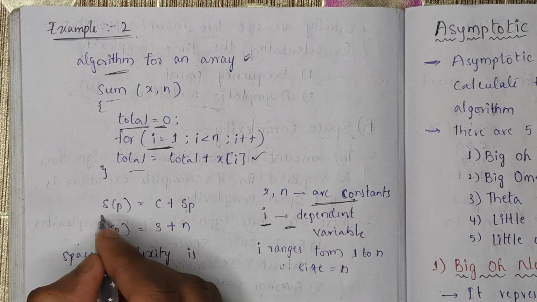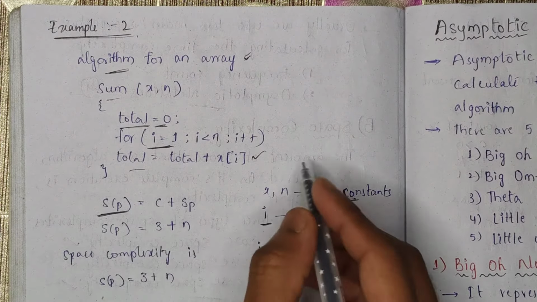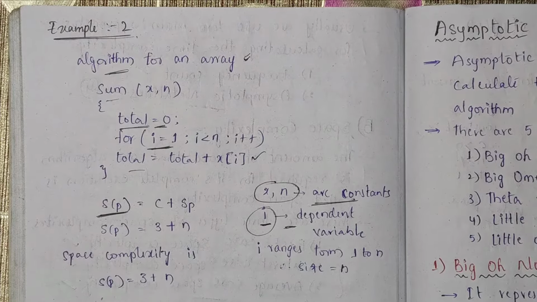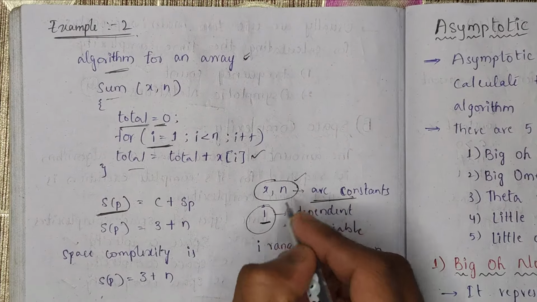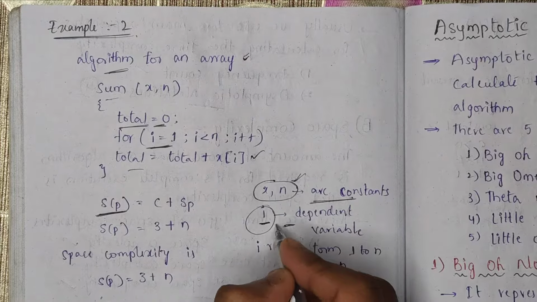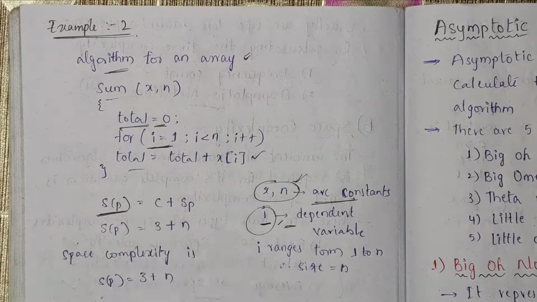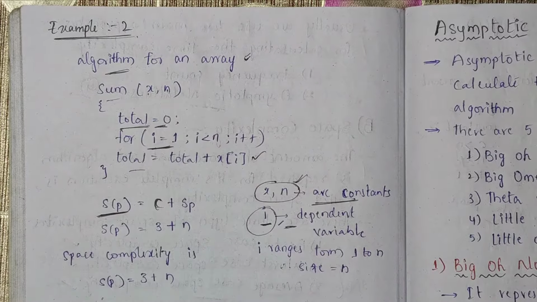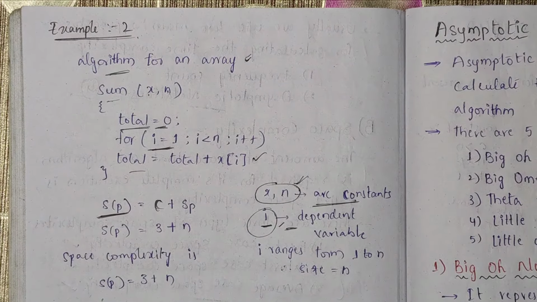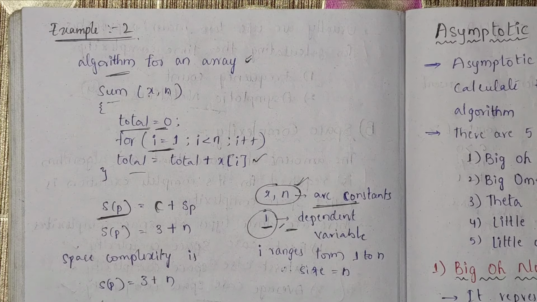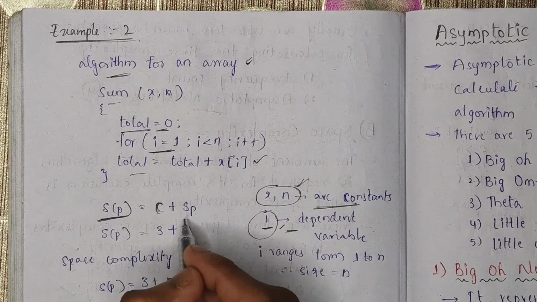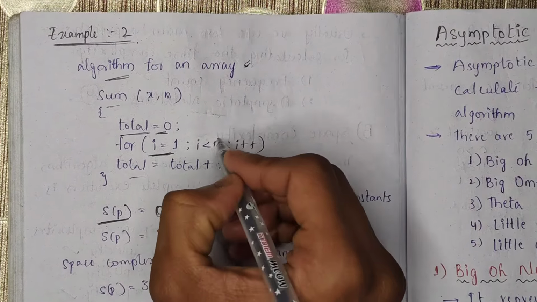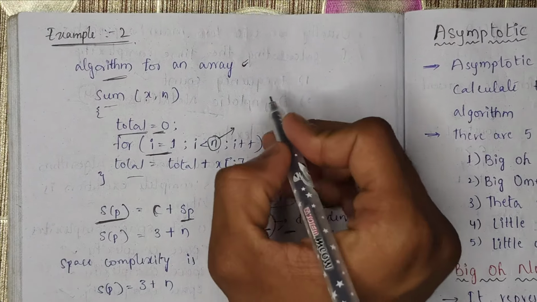Here space complexity is the number of independent constants plus the number of dependent variables. C is the number of constants. We have x comma n, two independent constants. Now S(P) is nothing but I. What is the range of I here? The range of I is n.